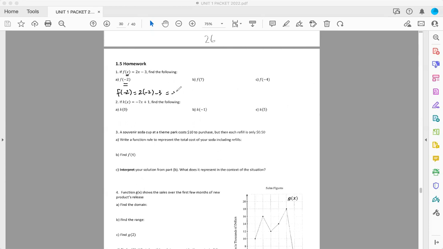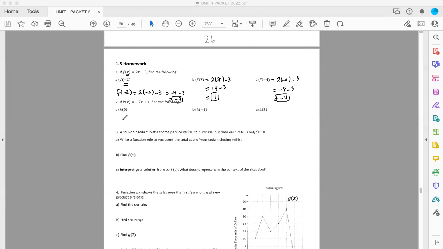That gives you -4 minus 3, which is -7. f of 7 is 2 multiplied by 7 minus 3, which is 14 minus 3, which is 11. f of -4 equals 2 multiplied by -4 minus 3, which is -8 minus 3, which is -11. Just be careful you remember how to add negatives correctly.